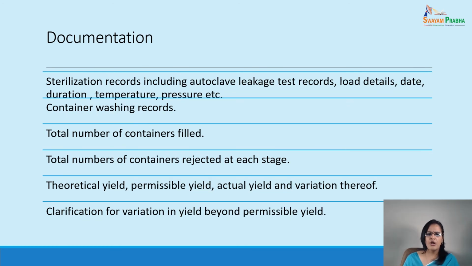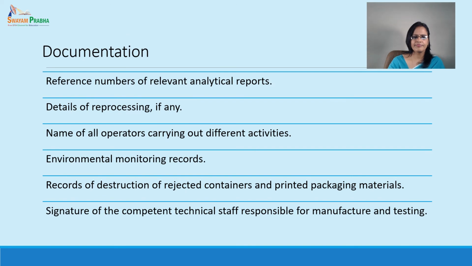Sterilization record, autoclaving, leak test record, load details, container washing records, total number of containers, total number of containers rejected, theoretical yield, permissible yield, actual yield, clarification for various yield beyond permissible yield, reference number and details of reprocessing, names of all operators who carried out the different activities, specimens of printed packaging material.